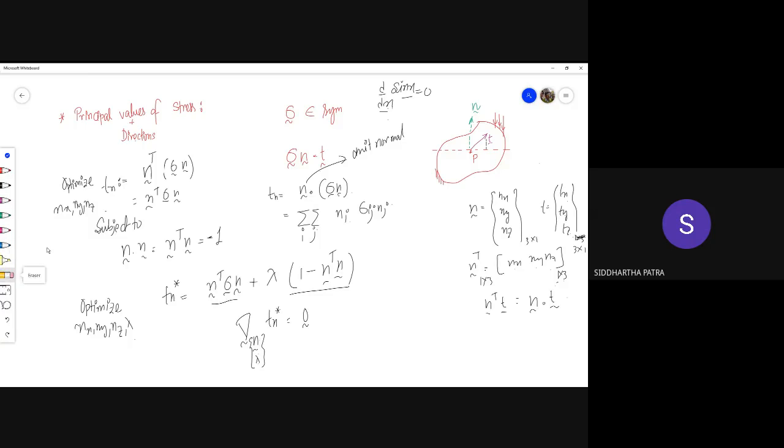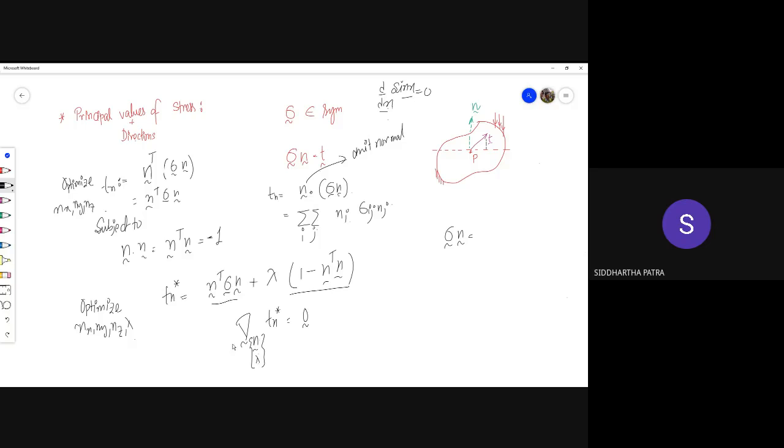So the first three rows will give us this vector equation.